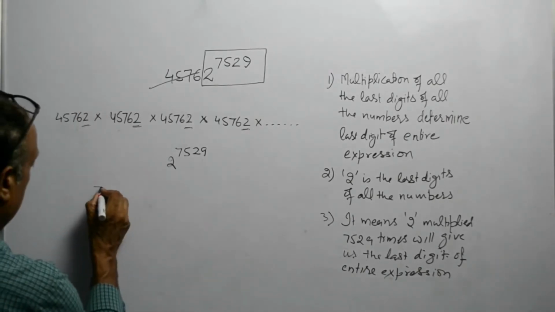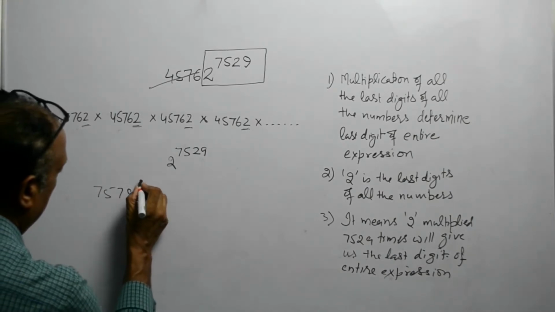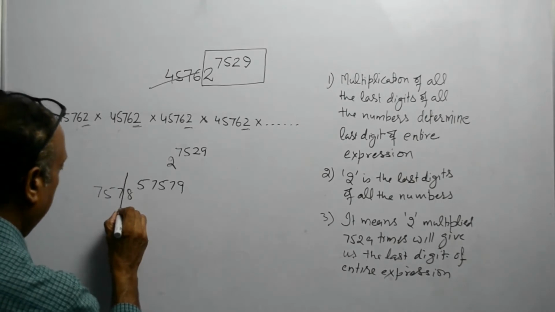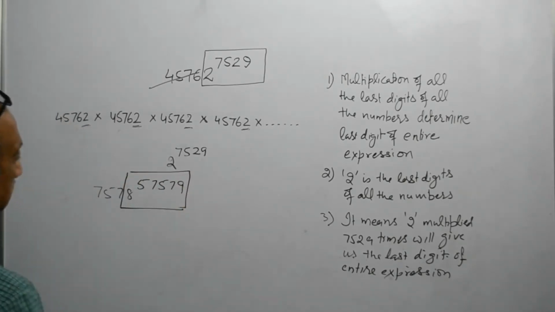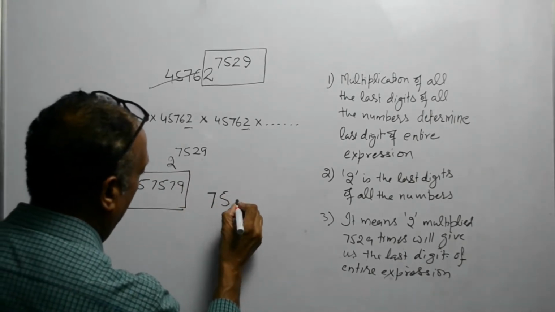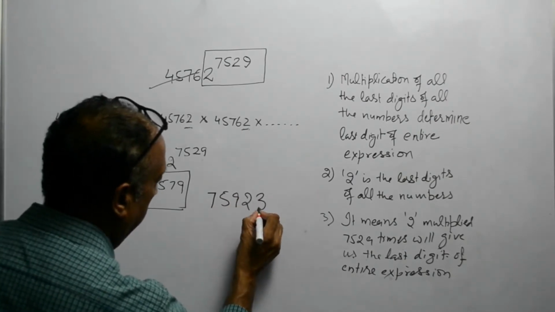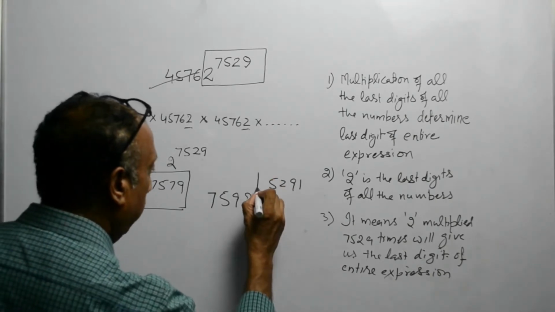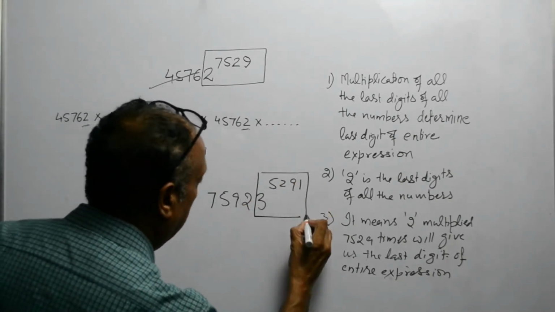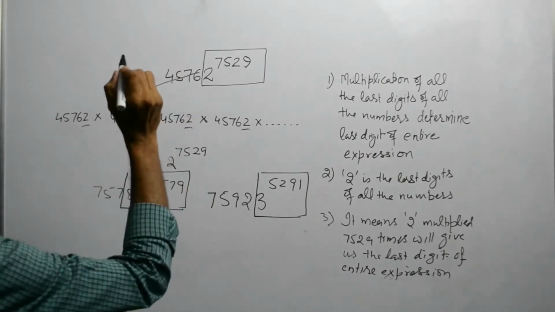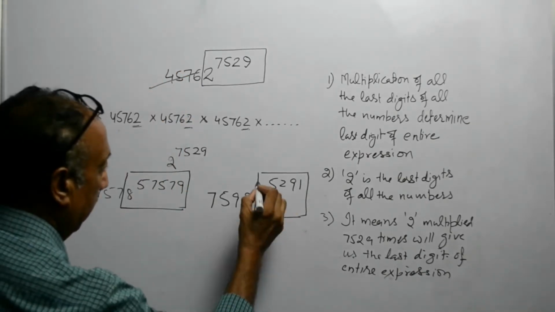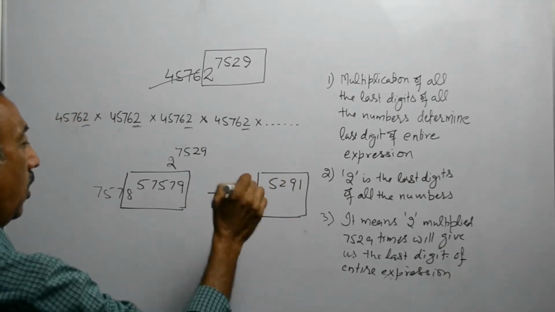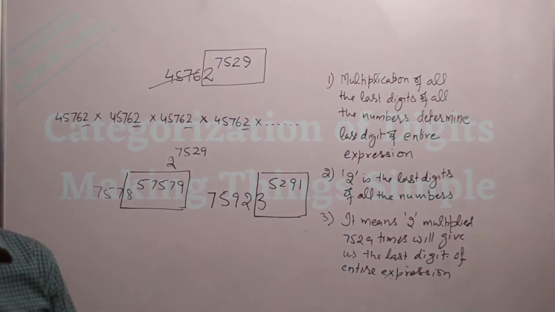So, last digit of this number can be calculated with the help of this expression. So, in these type of questions, only the last digit raised to the power can solve our problem.